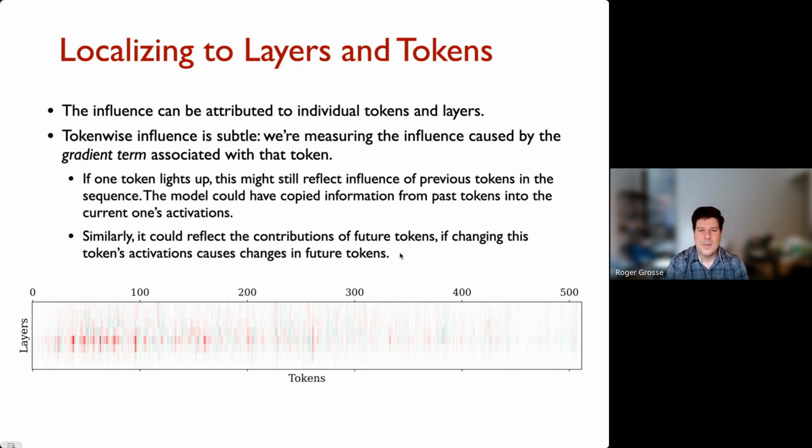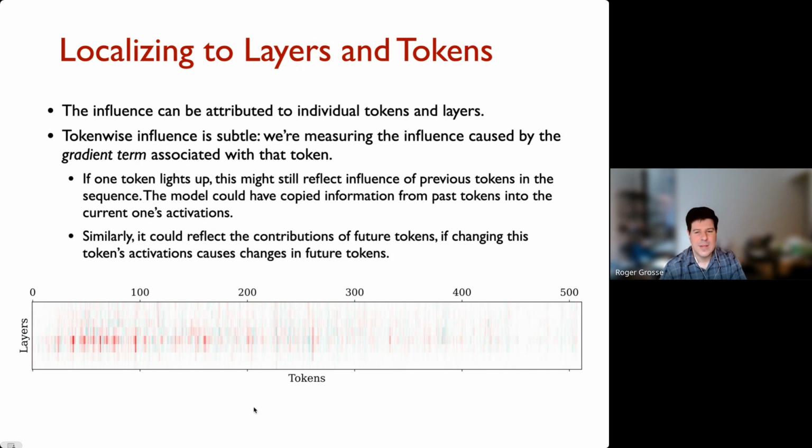So if a particular token lights up, that might still be accounting for information elsewhere in the sequence. It's not necessarily a perfect measure of the influence of individual tokens, but if we see the visualization lighting up for just a single sentence in a longer document, that seems like good evidence that that's the most influential part of the document.